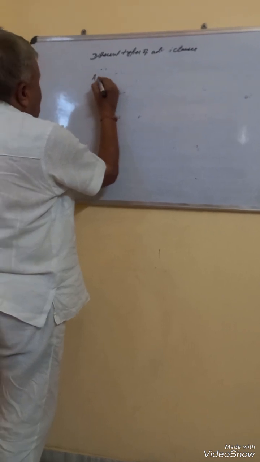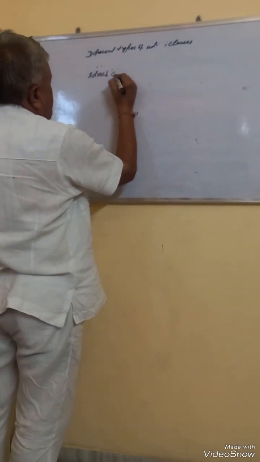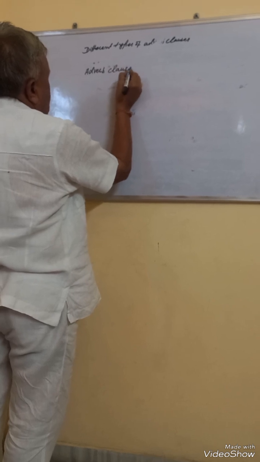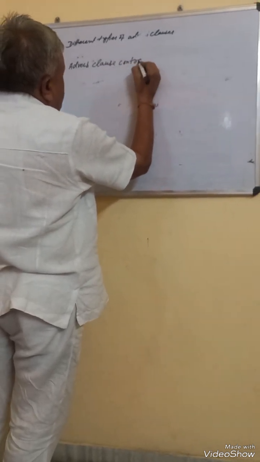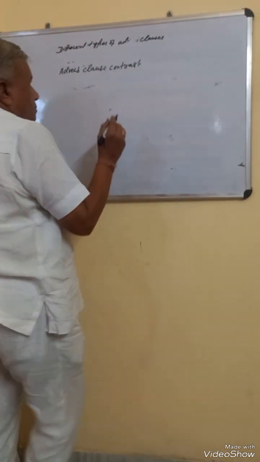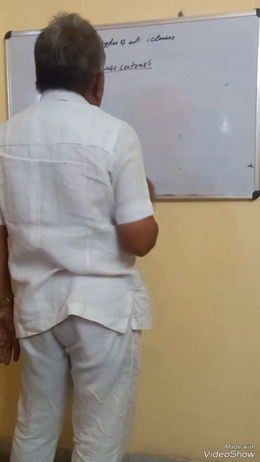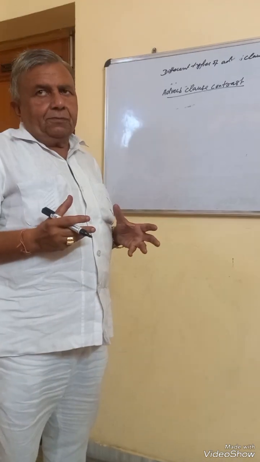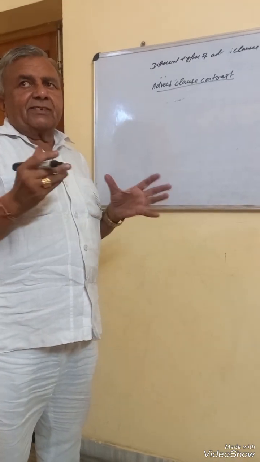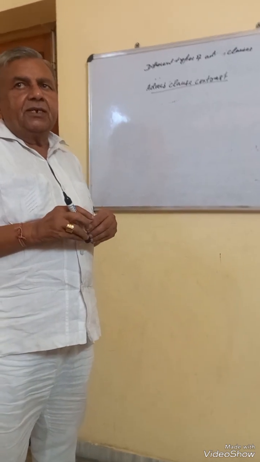Adverb clause of contrast. In this type of clause, generally an unexpected result is shown. We expect something, but quite contrary to that expectation happens.